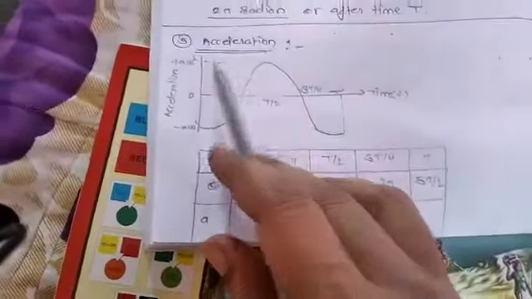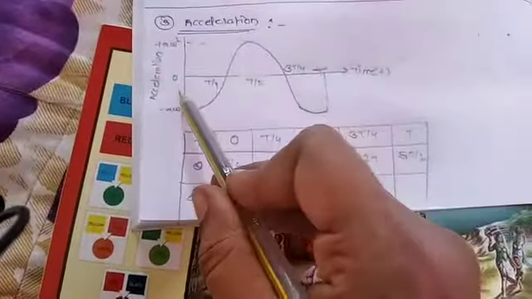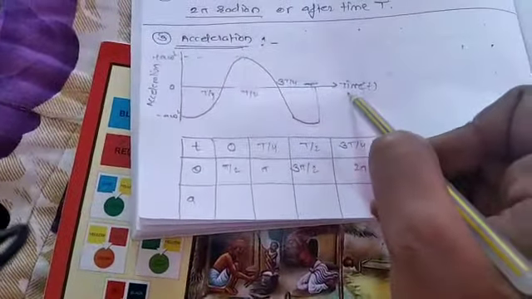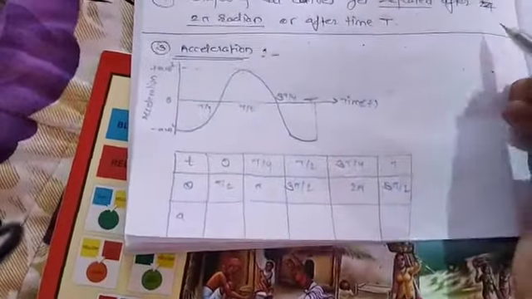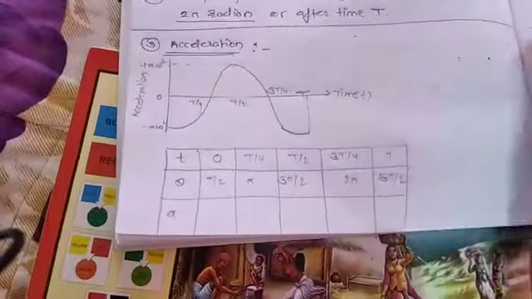So next we will see the acceleration time graph, that is acceleration versus time. As we know the equation for the velocity, it is v is equal to minus a omega sin omega t.